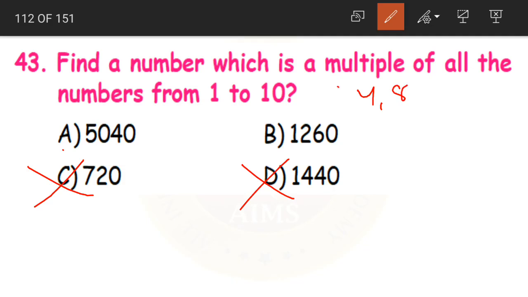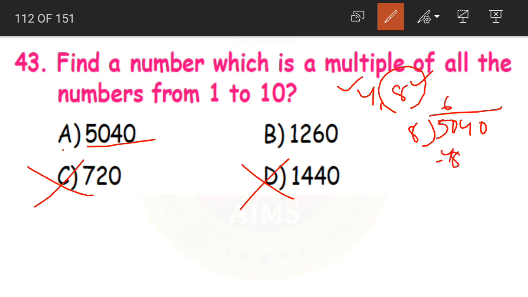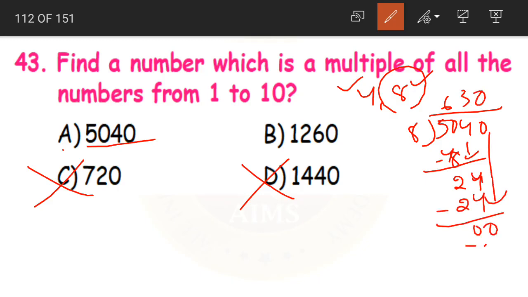Now what are the numbers left? We have to check whether they are divisible by 4 and 8. Let us go with 8. 5040 divided by 8. Yes, the remainder is 0 here, children. So that means 5040 is divisible by 8.